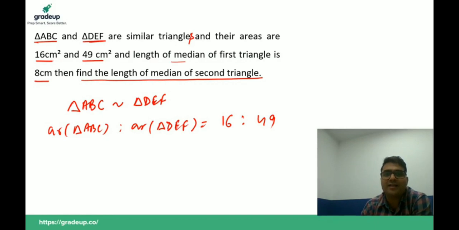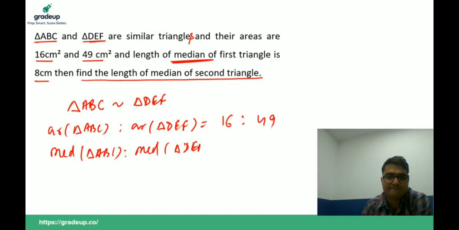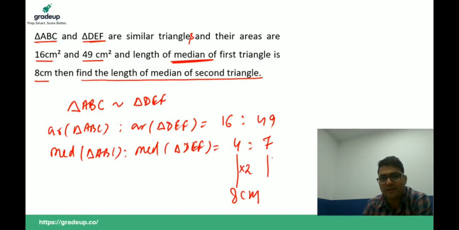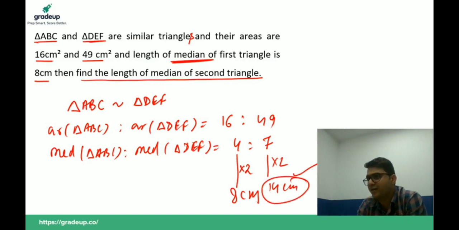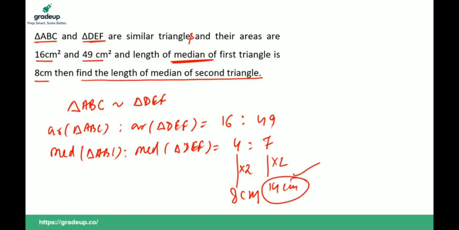Then we can find the medians also. If the area ratio is this, then the median ratio must be 4:7. If the median of the first is 8 centimeters, then the second will be 14 centimeters. Answer. This is very easy.